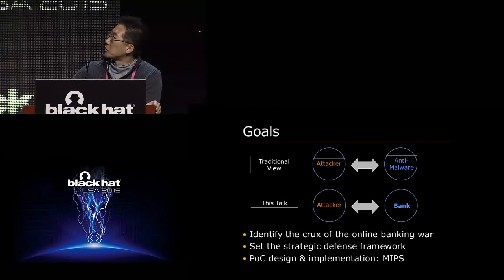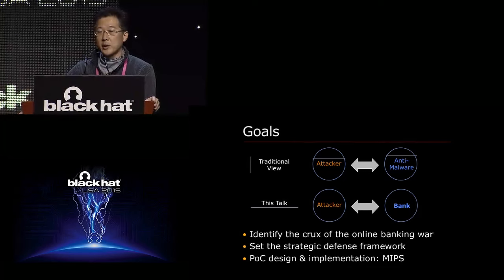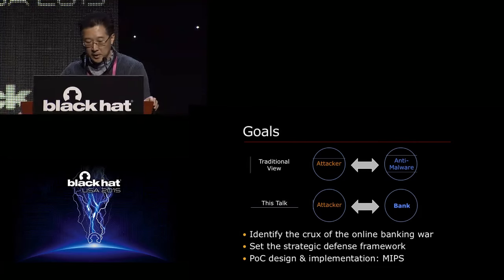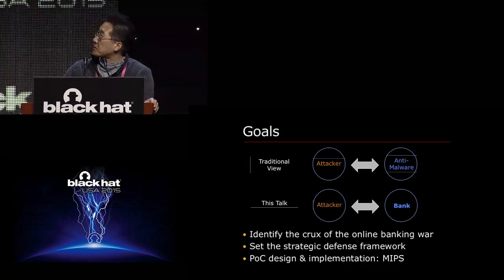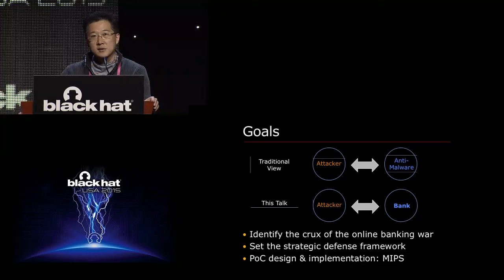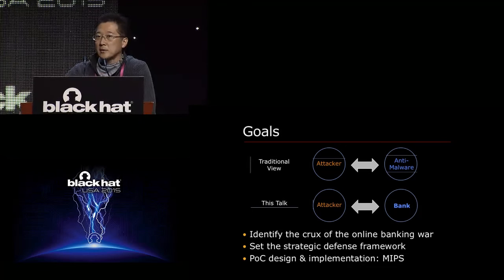So in the past, we used to talk about the battle between the bad guys and the good guys in terms of the online banking malware from the perspective of anti-malware solutions. But in this talk, the focus is the battle between the attackers and the banks.